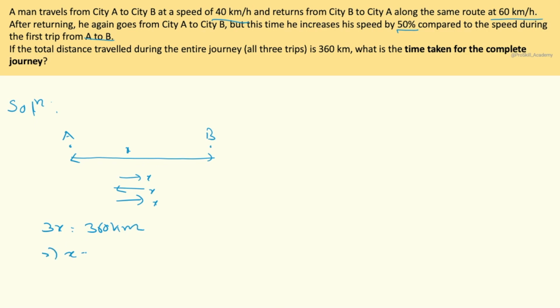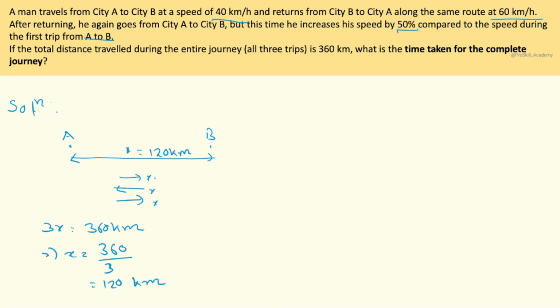Hence our x is equal to 360 divided by 3, equal to 120 kilometers. So we can say the distance between city A and B is 120 kilometers. Now what is being asked here is the time taken for the complete journey.